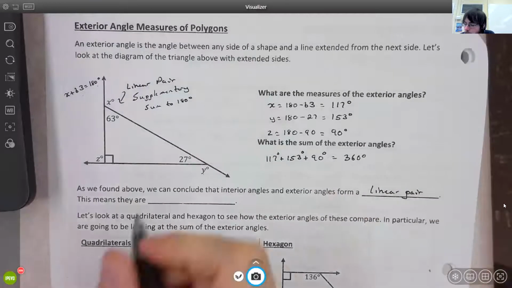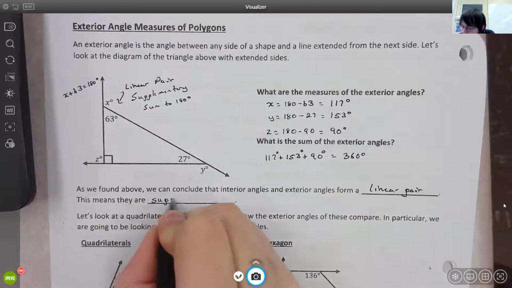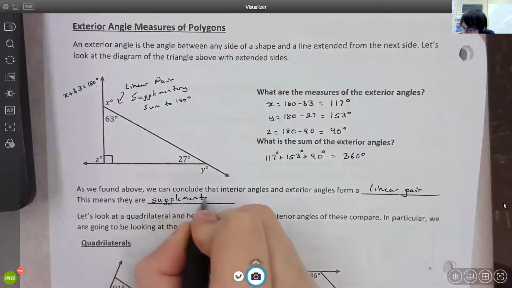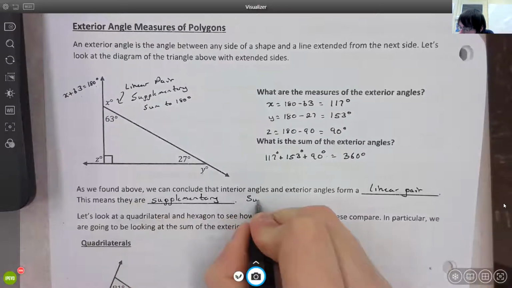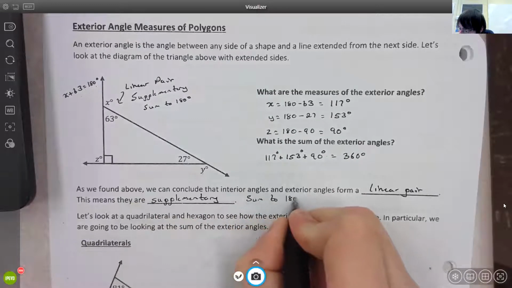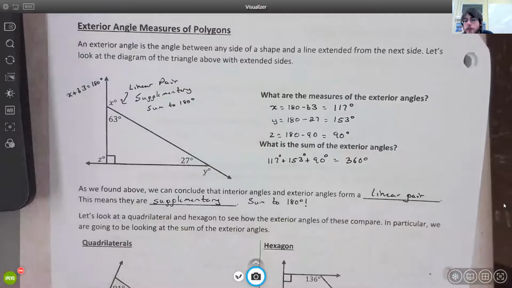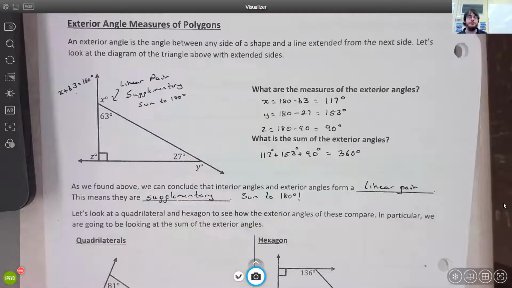This means they are supplementary, which means they sum to 180 degrees. Okay? So interior angles and exterior angles for convex polygons always form a linear pair.